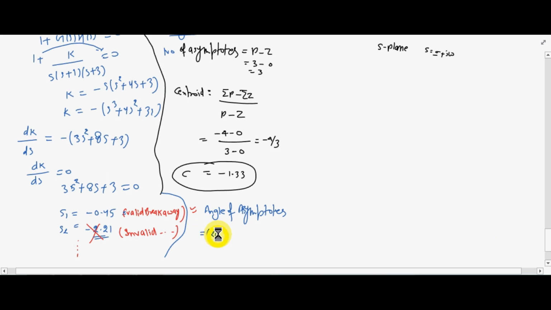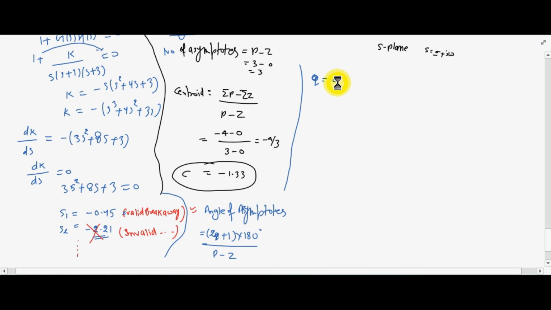The formula is (2q plus 1) multiplied by 180, divided by p minus z. What is q?